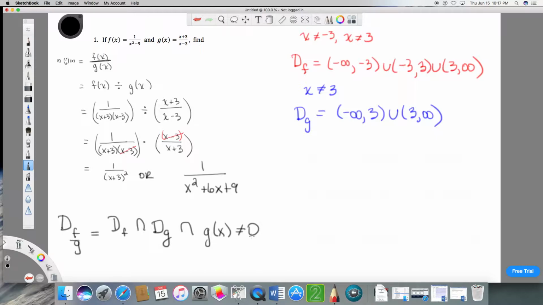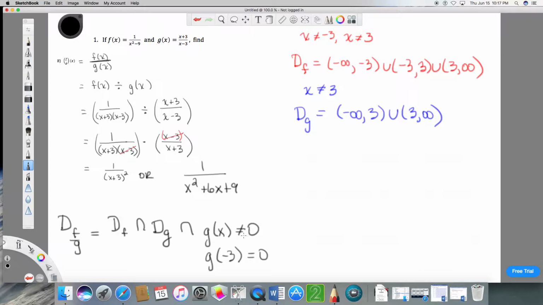So when we look at g of x, we know that a fraction reduces to 0 if the numerator reduces to 0. So I can look at this and I can see that when we evaluate g at -3, when x is -3, I have 0 divided by -6, which is just 0.